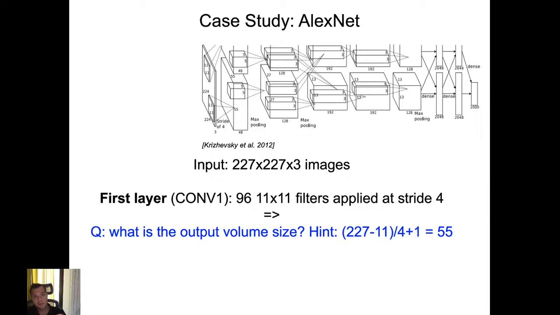One interesting thing here is that I think this is the first time they managed to train a network on GPUs, but they didn't have enough memory to fit the entire network in a single GPU, so they actually trained 2 independent networks. This is why we have this representation here. This part was trained on one GPU, this other part was trained on a different GPU, and then they just concatenated the filters and used them in a single network during inference.